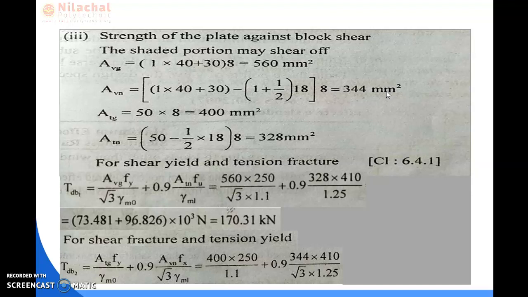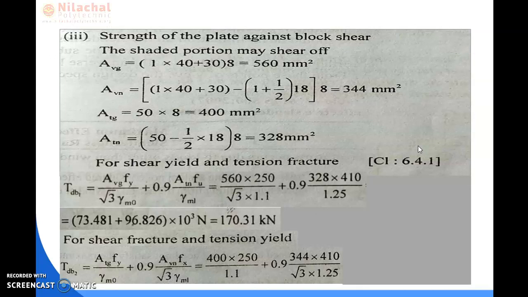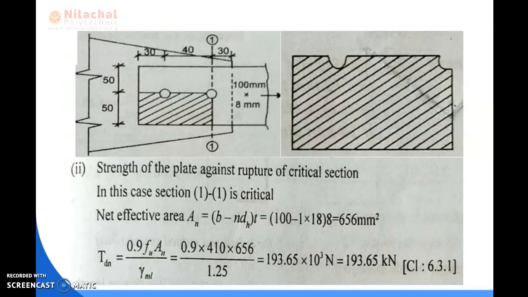So now comes the calculation of ATG and ATN. So as I told you, this vertical portion we will take as the T portion. So to calculate first the ATG value, we need to get the value from this portion to this portion.